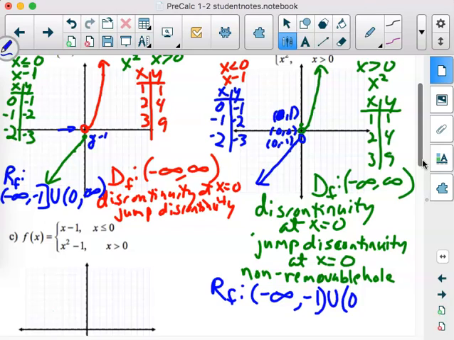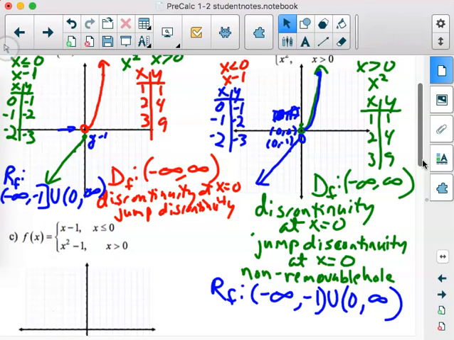For the y's, remember, is what we're talking about. But then it goes up forever. And basically when I'm talking about the range, I can just forget about this goofy little point here at 0, 1 because the graph already exists forever. So my range is going to be from -infinity to -1, union 0 to infinity.